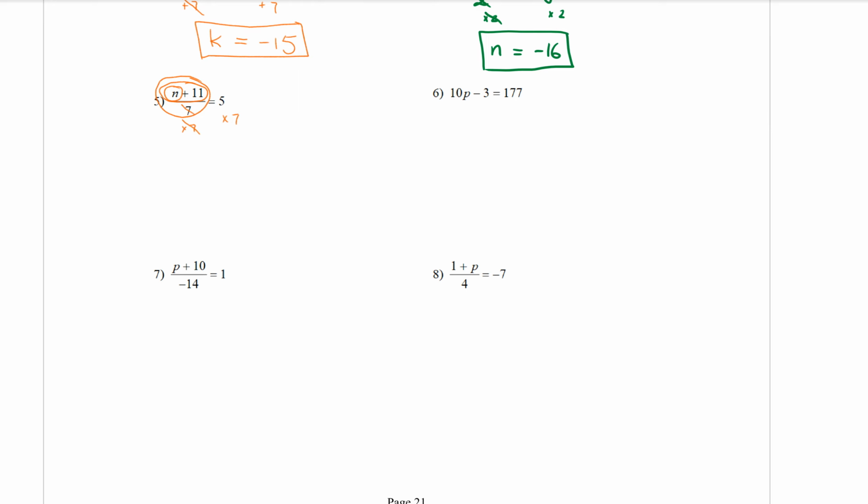So n plus 11 equals 5 times 7 is 35. Second step is that 11, the opposite is to take away 11. Cross it off. N equals 35 take away 11 is 24.